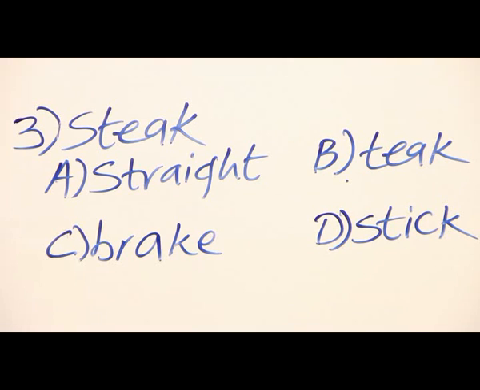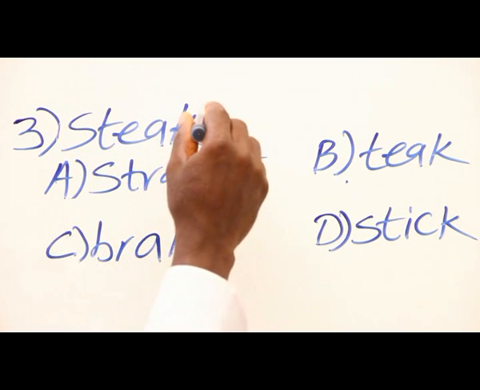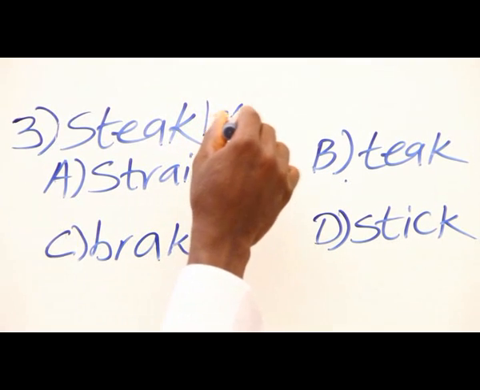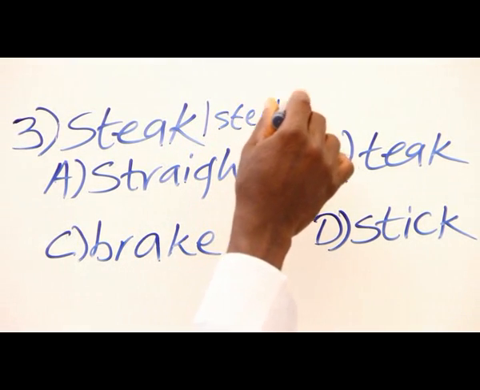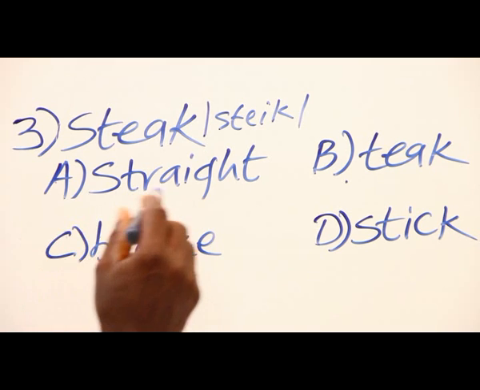Now let's look at question number 3. The given word, how do you pronounce that? It's not stick or steak. Steak. So how? Steak. Now, having known that, let's start with option A, straight.